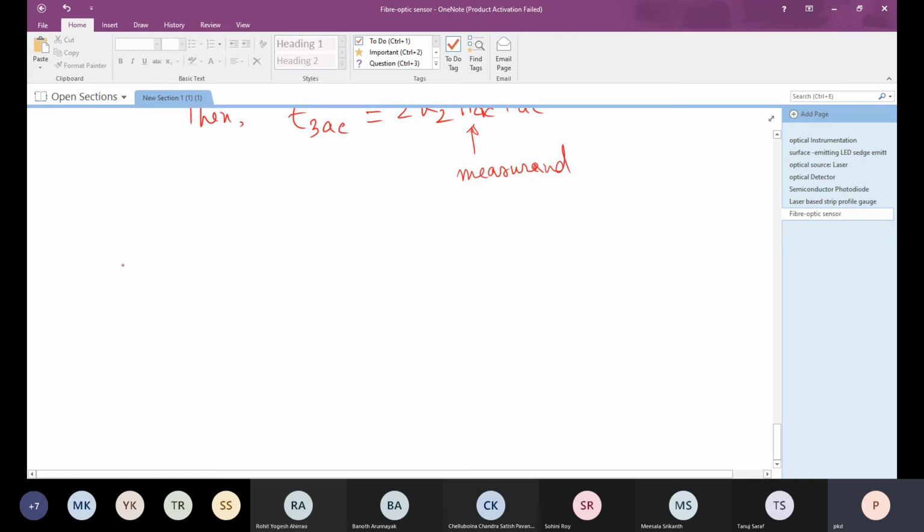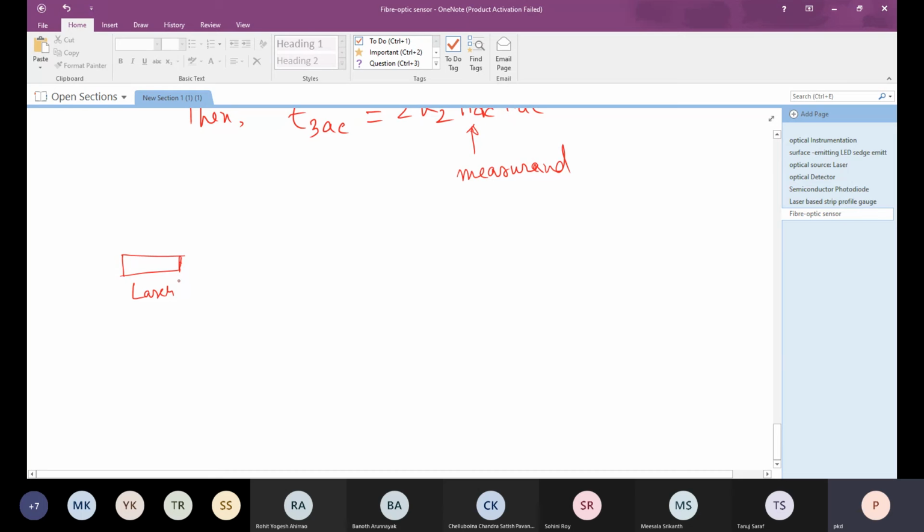The other configuration is of course possible with Michelson. The Michelson interferometer has the advantage of open loop configuration.